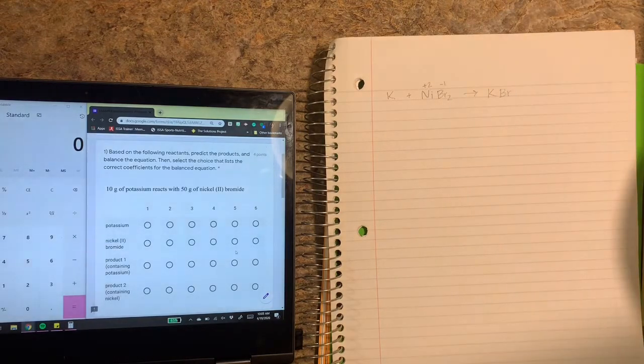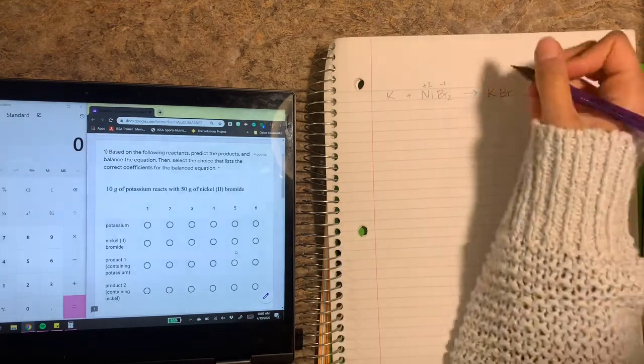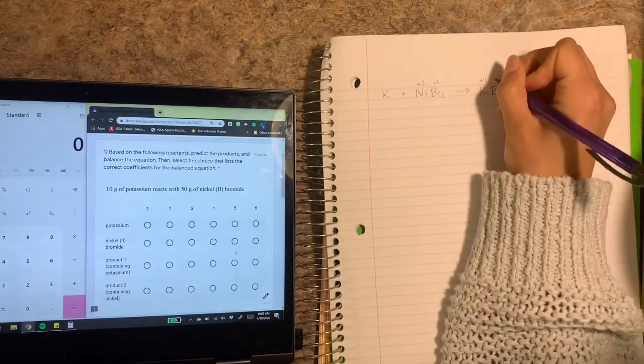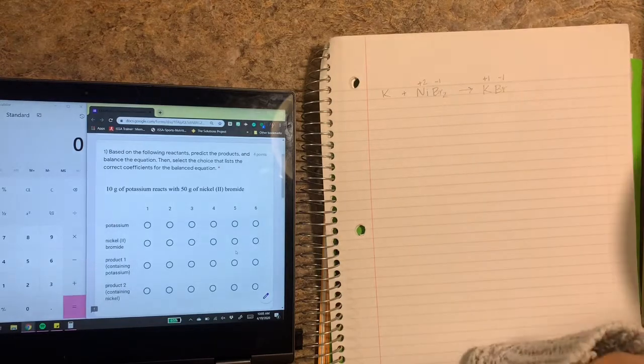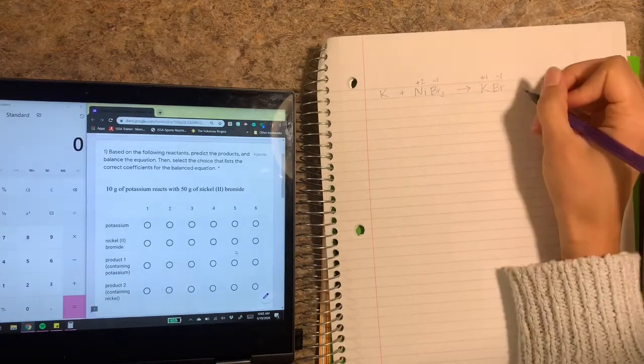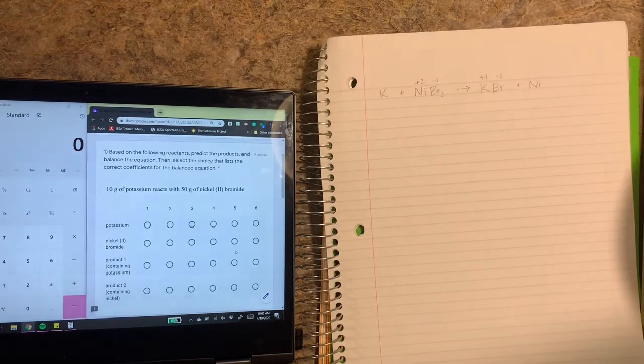And whenever we make a new compound, remember that we need to crisscross those charges. So potassium is in group 1, that has a +1 charge, and bromine would have the -1, just like we found here. And since those are equal and opposite, they cancel out. We're left with just KBr. And the nickel, since it got kicked out of its little relationship, is by itself.